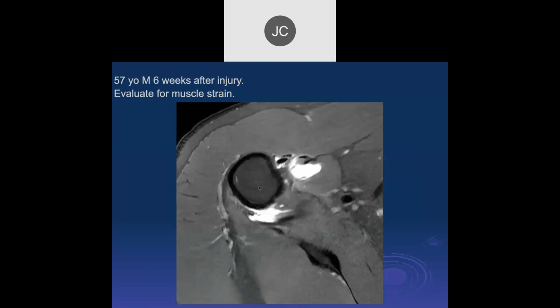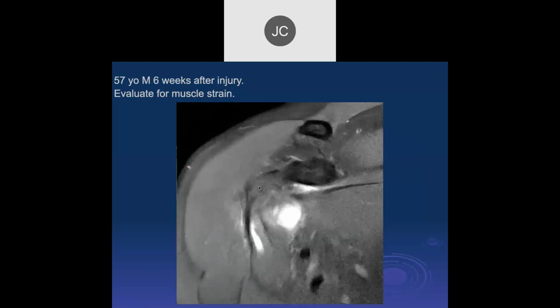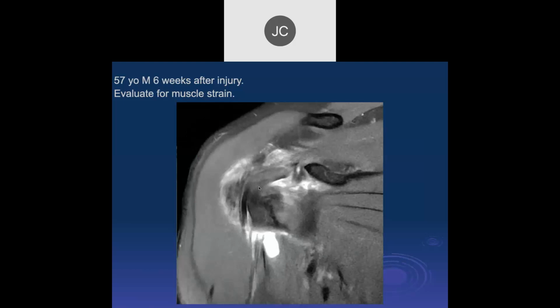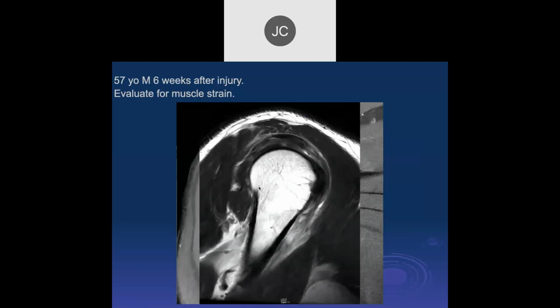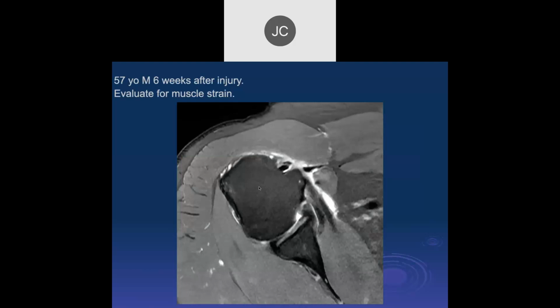What's happening over here? Okay, so you can see all the biceps over here. So what's going on over here? Notice we've got some fluid here.